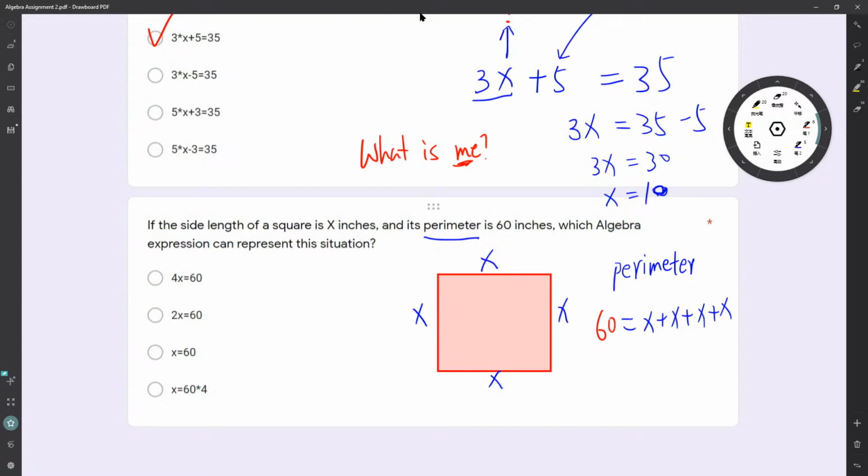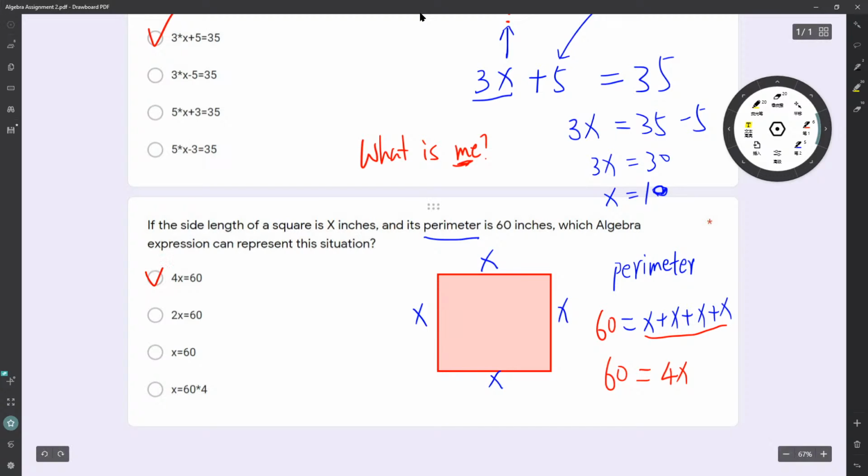And how can we represent this? x plus x plus x plus x added up, we can rewrite as 4x, and that's going to be 60. 4x is 60.